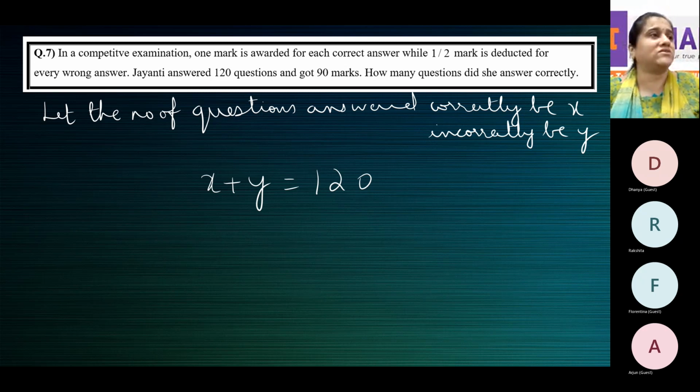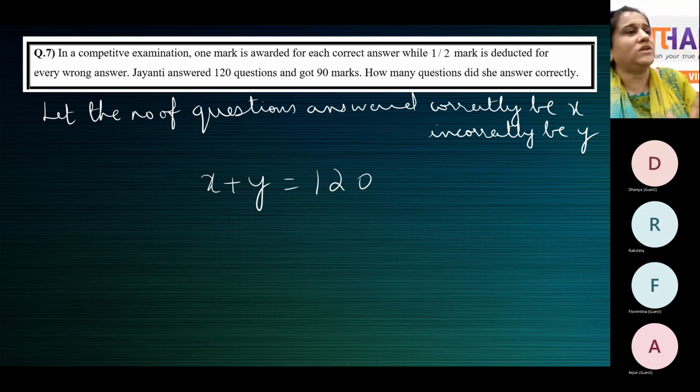Now coming to the marks. She's answered x correctly. So how much would you have got? She's answered x questions correctly. One mark for one question is 1x. Okay, now you've answered x questions correctly. If 5 marks for one correct answer, then 5x. Yes or no?